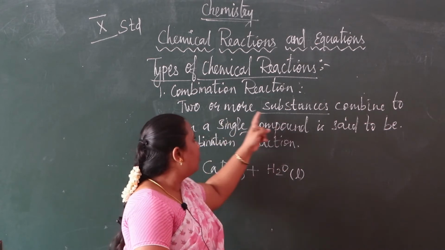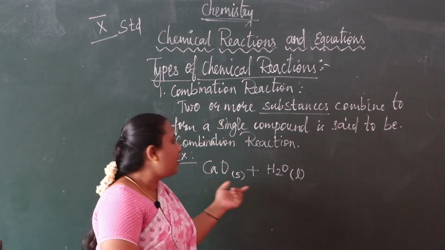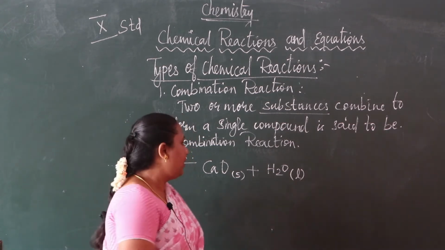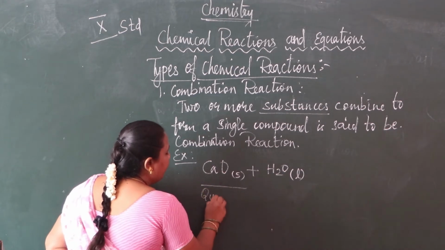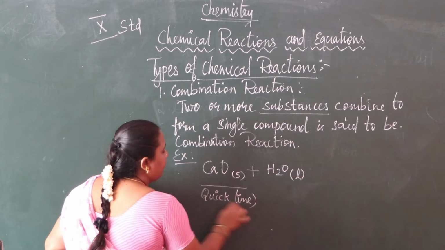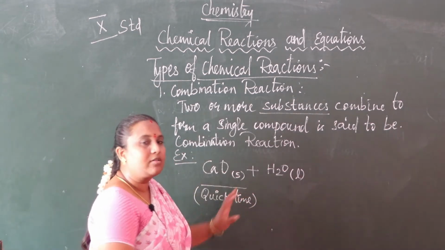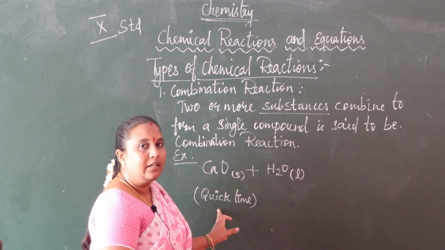So two or more substances. Here we are taking two substances in compound form. This calcium oxide, we can say, is quicklime. What is the name of calcium oxide? It is quicklime.